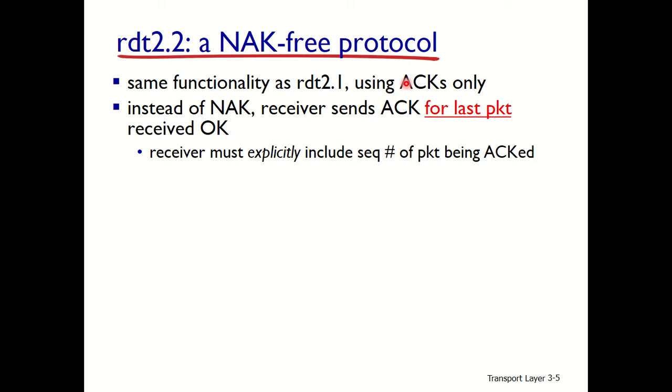How is it done? Instead of a negative acknowledgement, the receiver sends an acknowledgement for the last packet that was received. So it means that with the acknowledgement, we also send the sequence number, and the acknowledgement is sent for the last packet that is received.